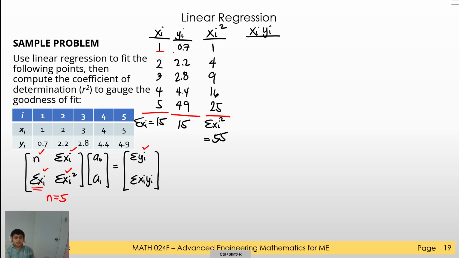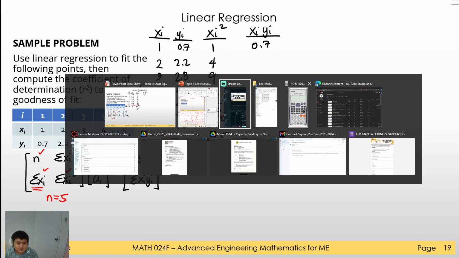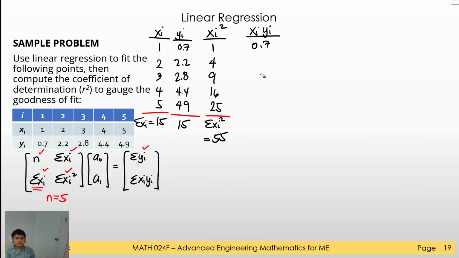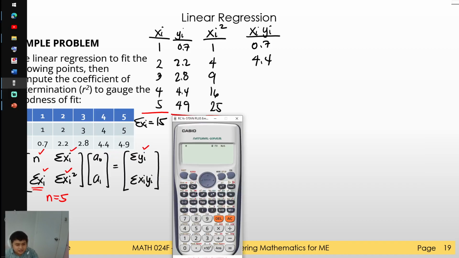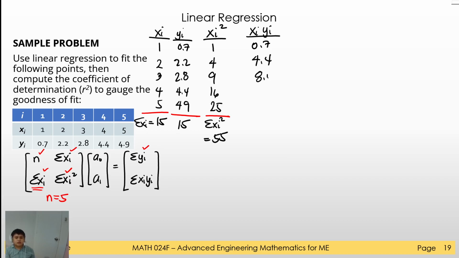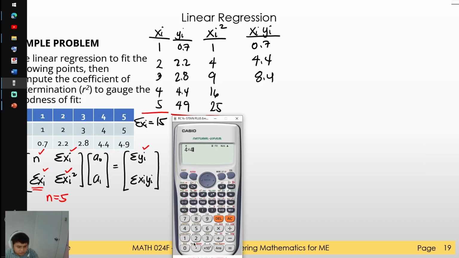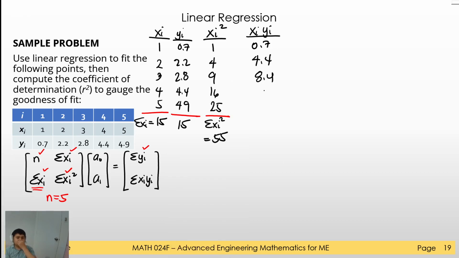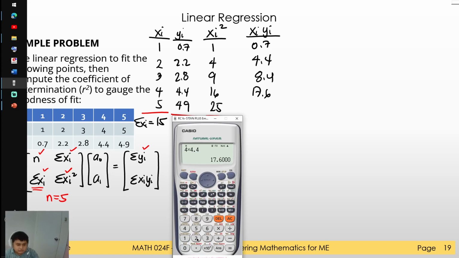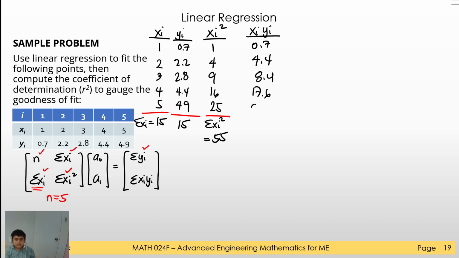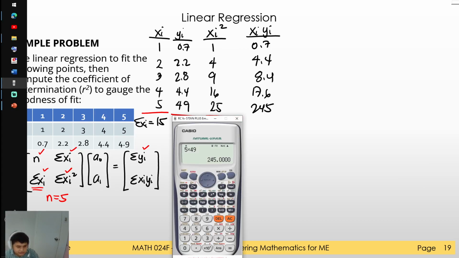So we have 1 times 0.7, which is 0.7, and then 2 times 2.2, which is 4.4. 3 times 2.8 is 8.4, and then 4 times 4.4 is 17.6. 5 times 4.9 is 24.5.